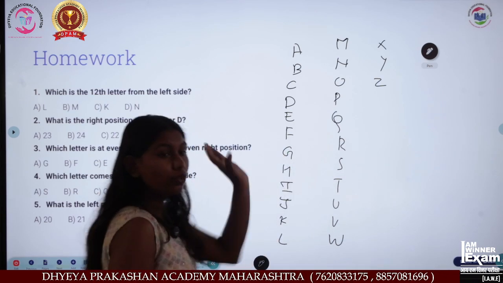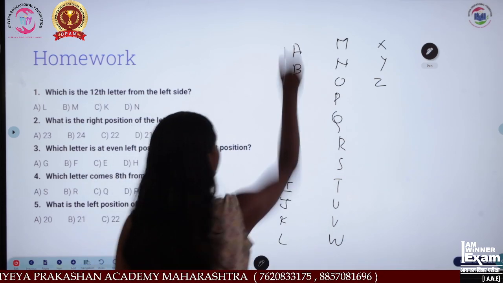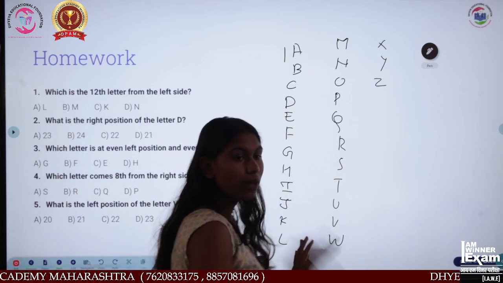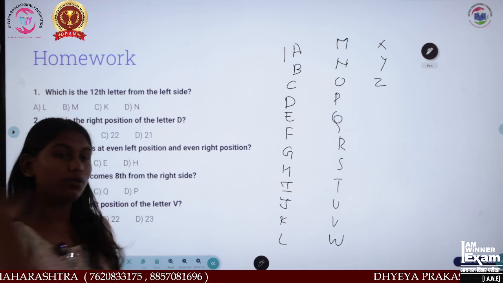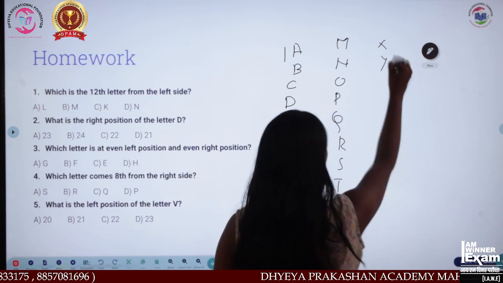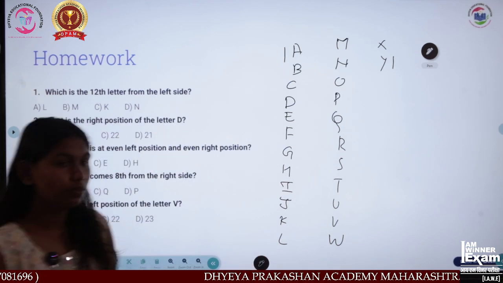From the left hand side you have to start with 1 at A, and when you are numbering the letters from the right hand side, you have to number from this Y.